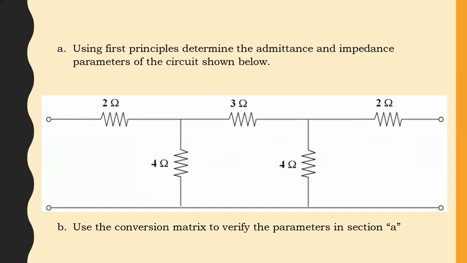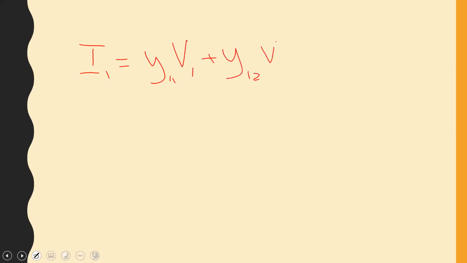All right, so you're asked to do this from first principles, which means therefore that the first thing you need to do is to write your equations. I1 = Y11 V1 + Y12 V2, I2 = Y21 V1 + Y22 V2.